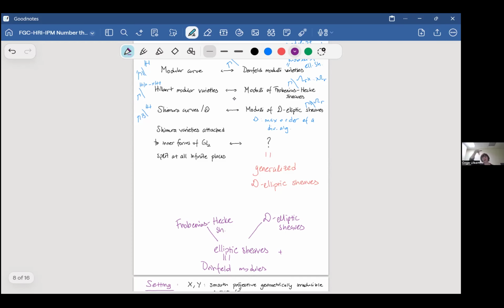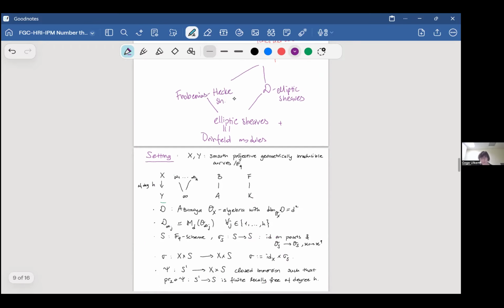Now you are modifying around many infinities. Then if you put these together, you have generalized D-elliptic sheaves. So let's talk a bit on generalized D-elliptic sheaves. So let's fix our setting.